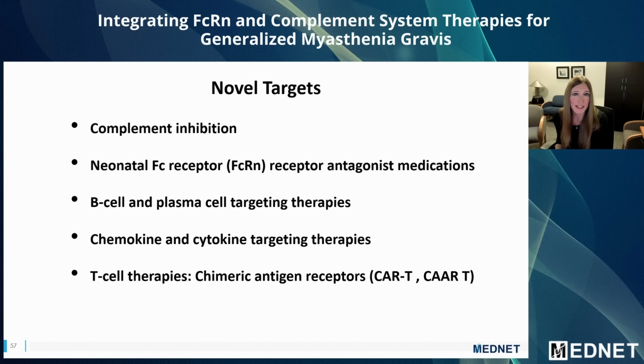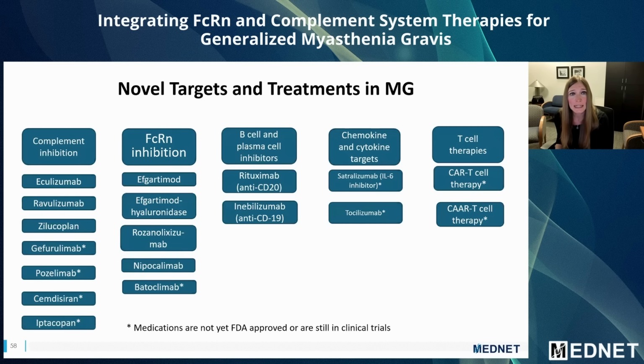So we'll talk about complement inhibition, the neonatal Fc receptor antagonist medications, B cell and plasma cell targeting therapies, chemokine and cytokine targeting therapies that are still in trials, and some other trial medications with CAR T.